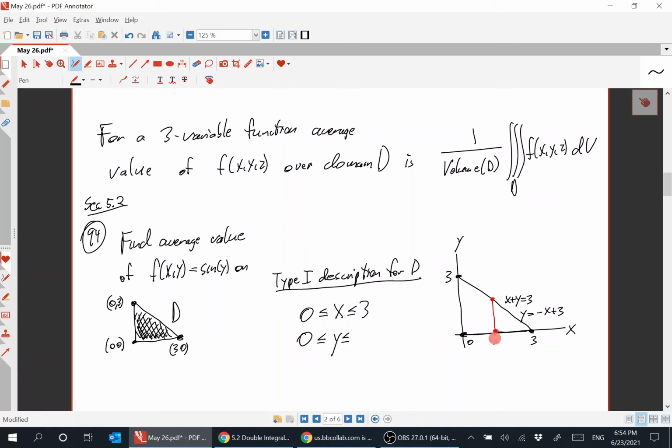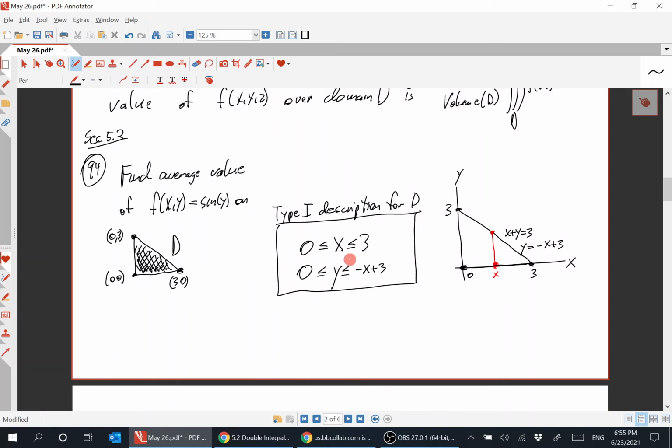Right. 0, that's the horizontal line, the x-axis, 2 minus x plus 3. Okay, so type 1 description for D. So the average value is 1 over the area of D, double integral over D, sine y dA.